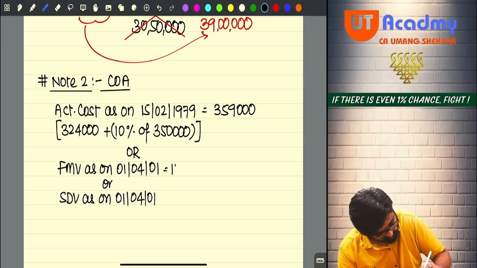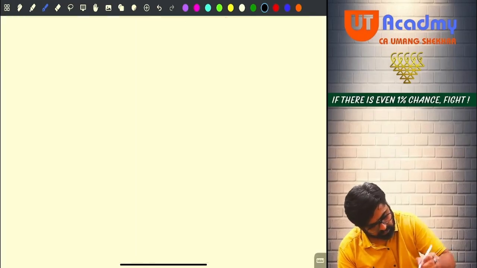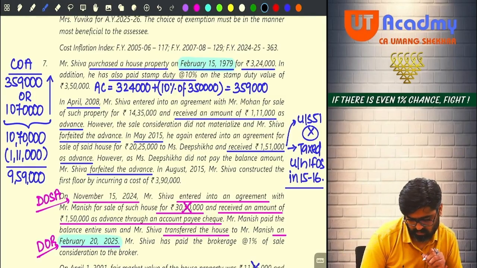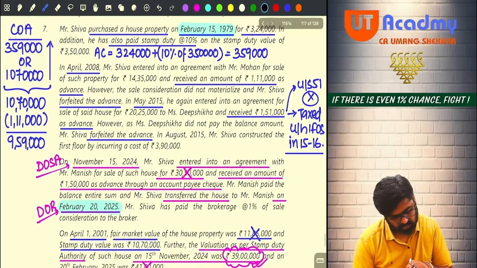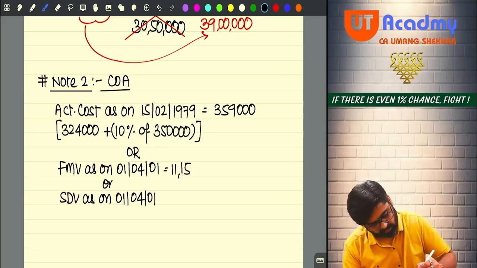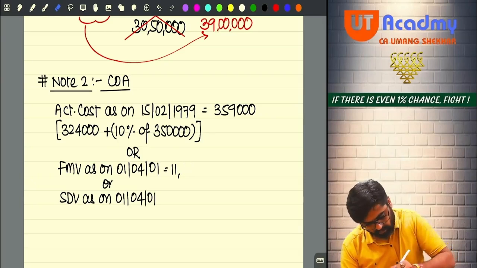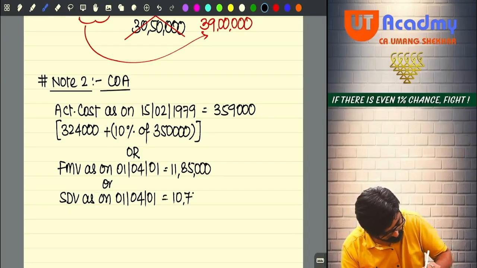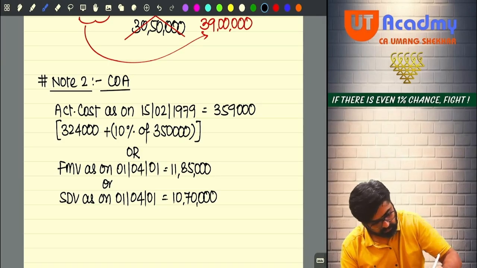What was the fair market value? 11 lakh 85,000, no? Yes. It was 11 lakh 85,000 and this was 10 lakh 70,000.